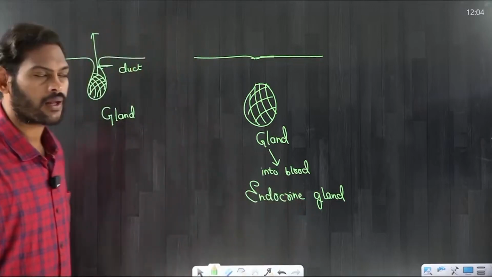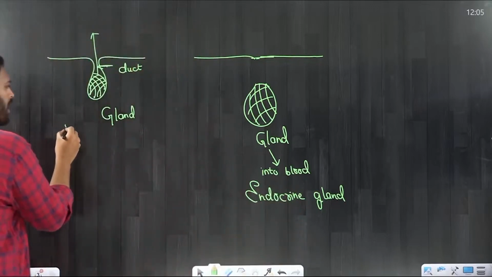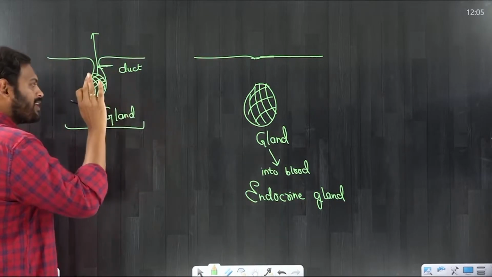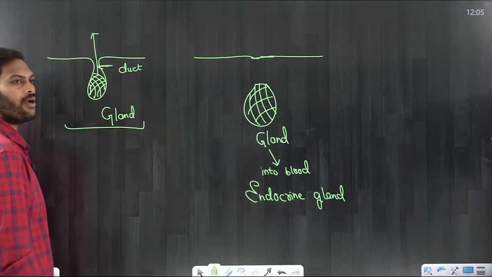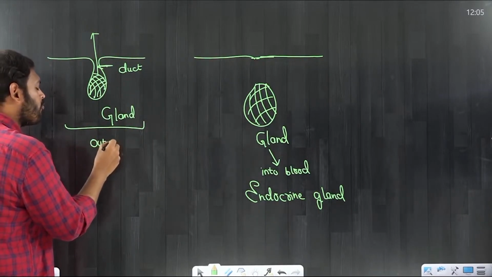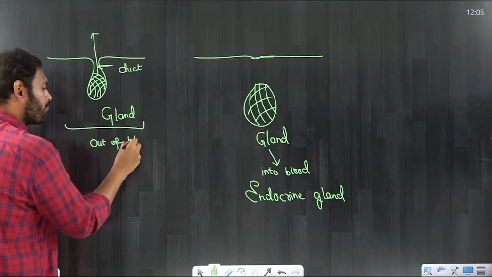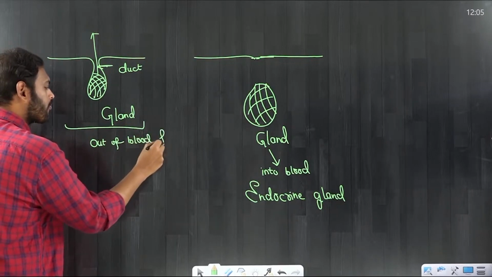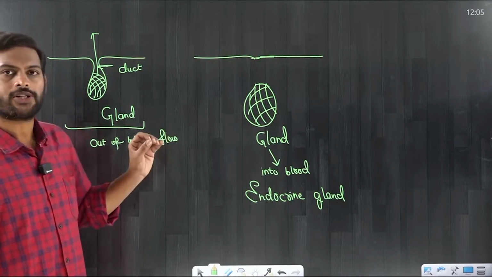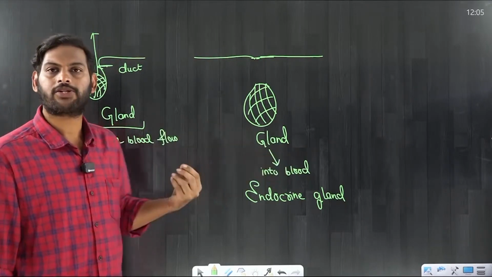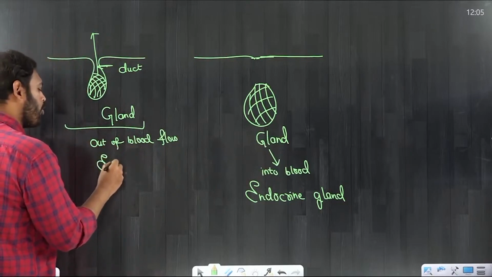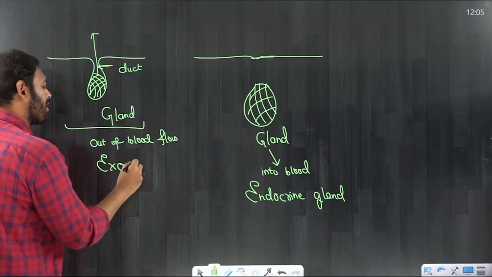So these glands will not secrete into blood. They will have secretions out of blood flow. Therefore, these glands which secrete into some empty cavity are referred to as, what do you call them? Exocrine glands.